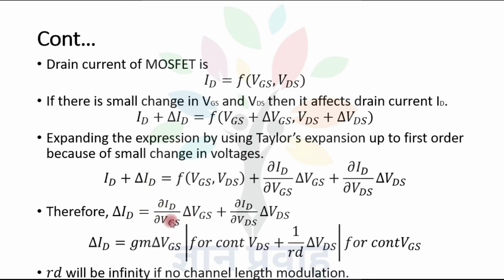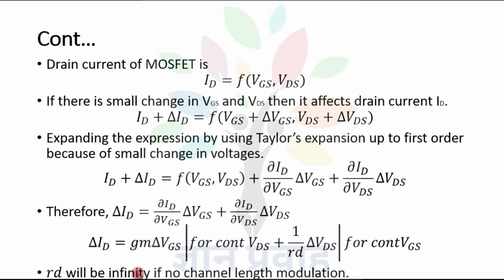Delta ID upon delta VGS is nothing but gm, called the transconductance of the MOSFET. So gm times the small change in VGS, where VGS is the DC voltage level after the application of the AC input signal, and this term is for constant VDS DC voltage. Plus delta ID upon delta VDS, which is 1 upon rd, times the small change in VDS for constant DC VGS voltage.